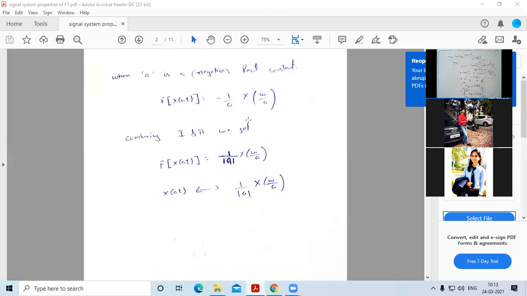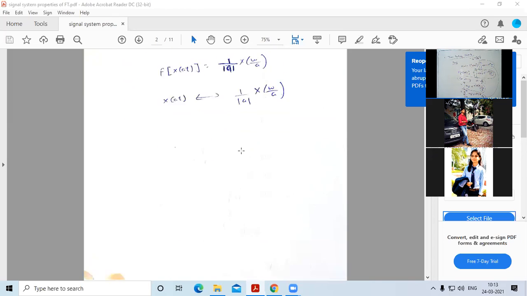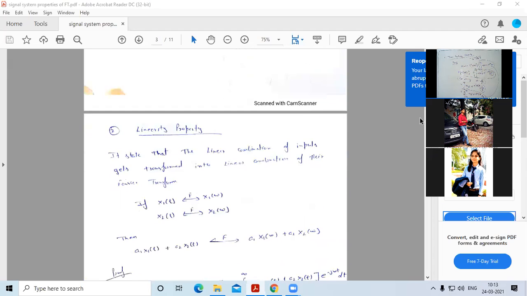Combining both cases, the Fourier transform of x(at) is equal to 1 upon mod a X of omega upon a. If we take negative values, the case is different. So this is the first property of the Fourier transform.